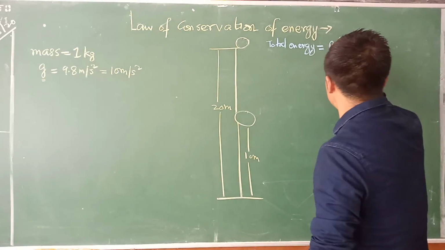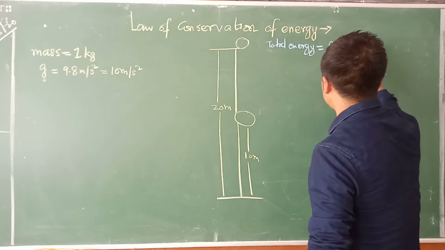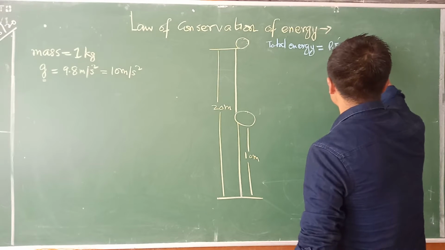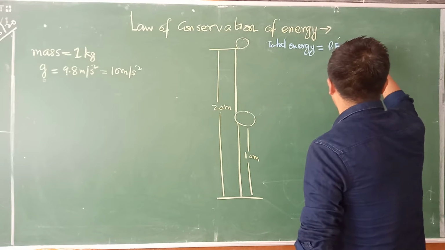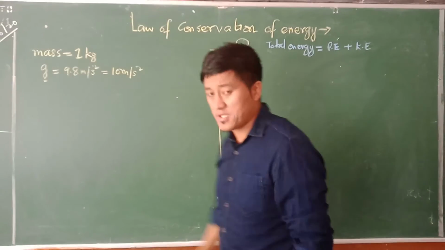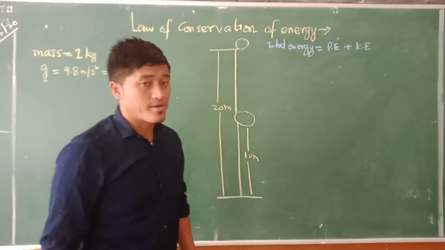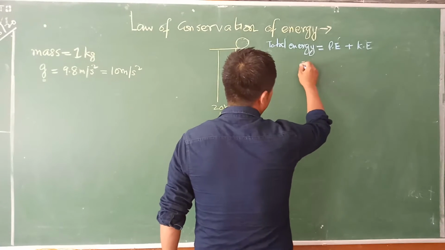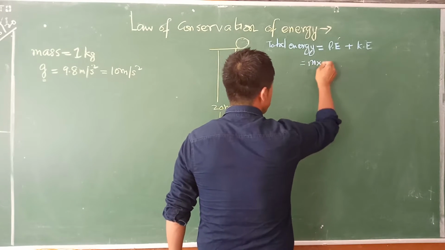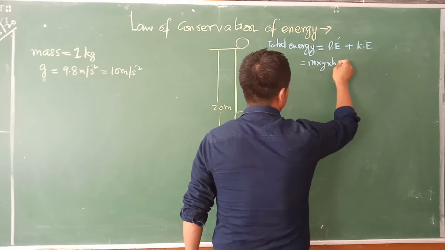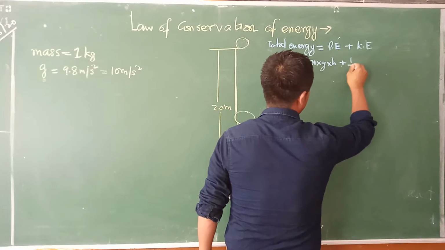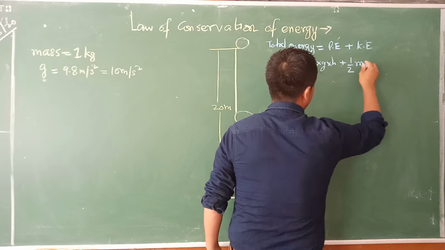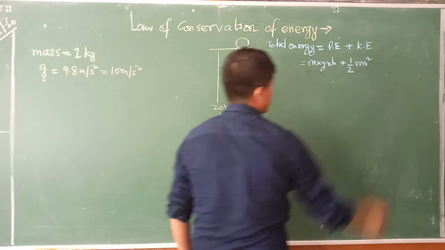Energy number one is potential energy, and energy number two is kinetic energy, right? So now we are going to calculate. The formula for potential energy is mass into gravity into height, plus kinetic energy, which is half m v square.